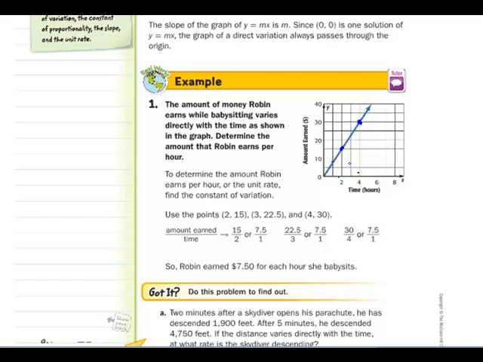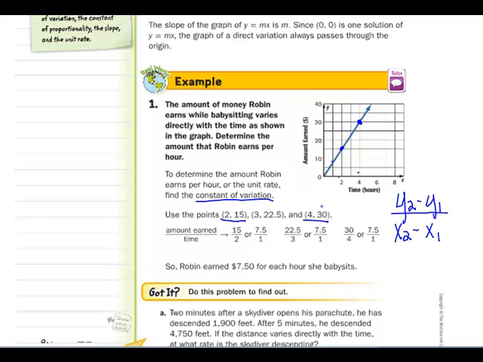Now, we said before that the m, which is the slope, is the constant of variation, right? So if I know 2 points, I should be able to figure out what that is. So if I'm going to use, let's say, these 2 points right here, 2, 15 and 4, 30, remember the formula for slope: y2 minus y1 over x2 minus x1.